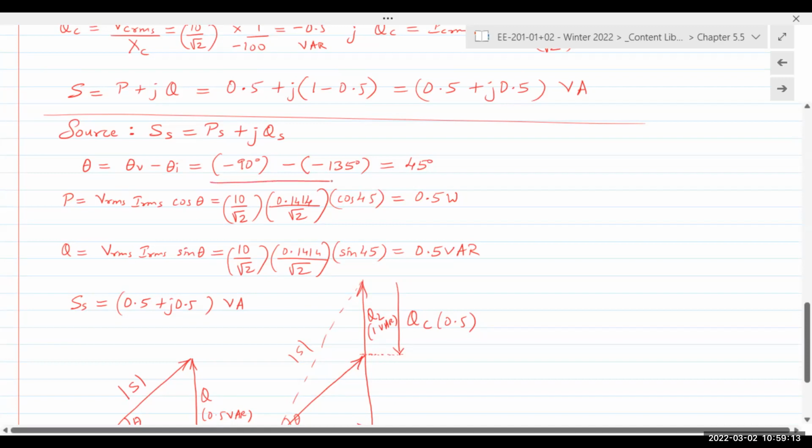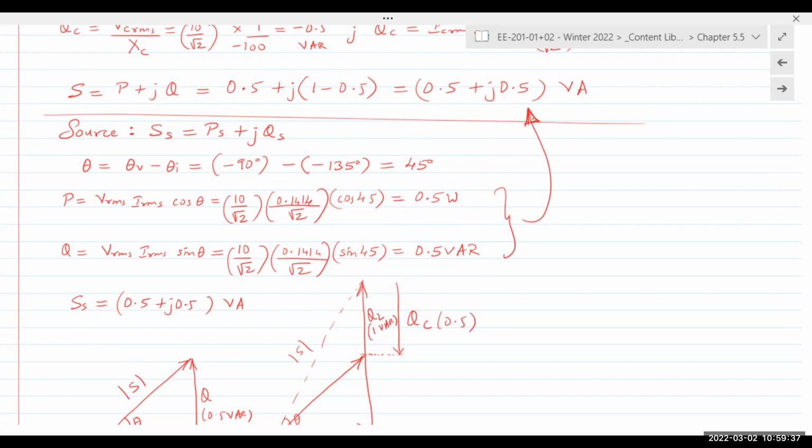So the overall power angle is 45. And you plug that into the source current and voltage, VRMS, IRMS, and you obtain 0.5 watts, 0.5 VAR. It's the exact same as what we obtained above.